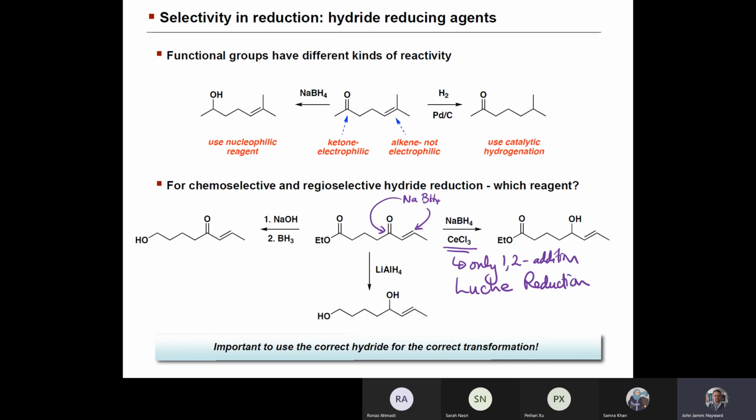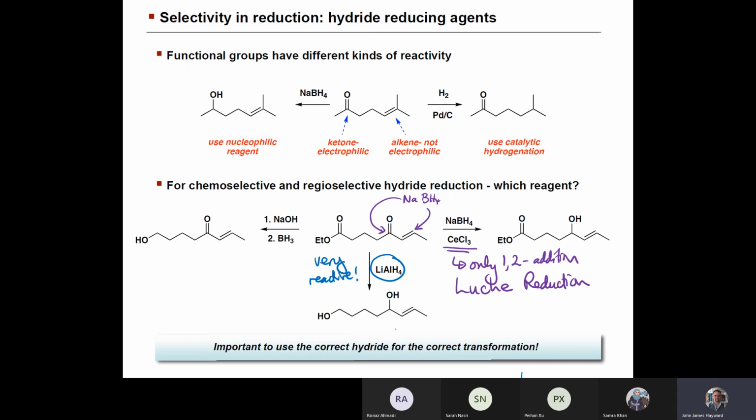Now, the alternative, instead of using sodium borohydride, is to go for lithium aluminium hydride. The problem with lithium aluminium hydride is that it kills everything. It is very reactive.